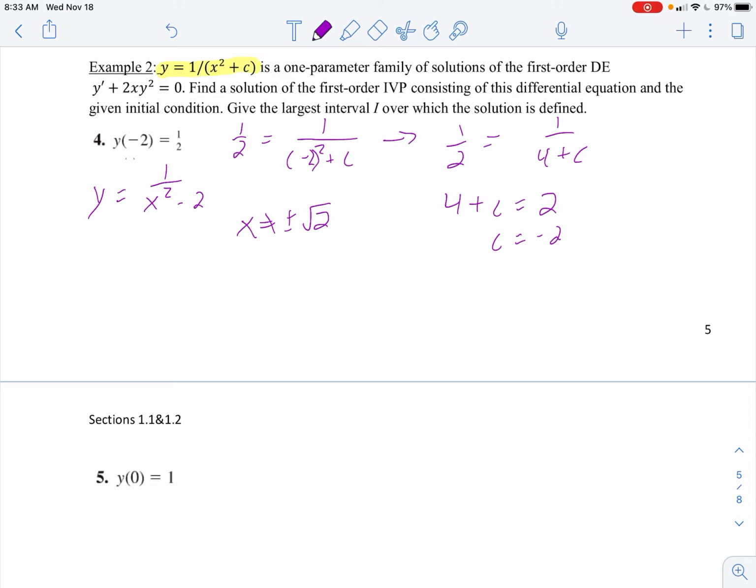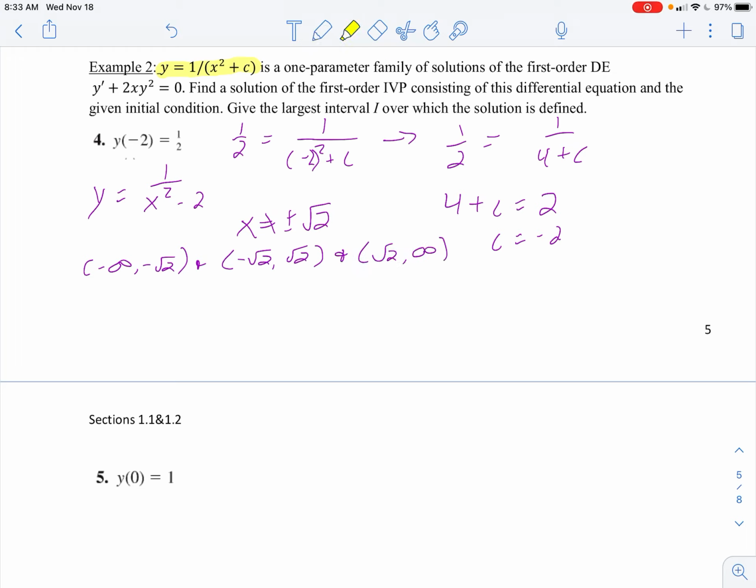So we have intervals from negative infinity to negative square root of 2, another interval between negative radical 2 and radical 2, and then another interval between radical 2 and infinity.